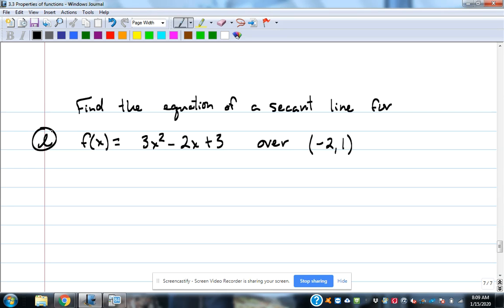So new function, new interval. So we're doing everything from the beginning here on this one. Writing the equation of the secant line.